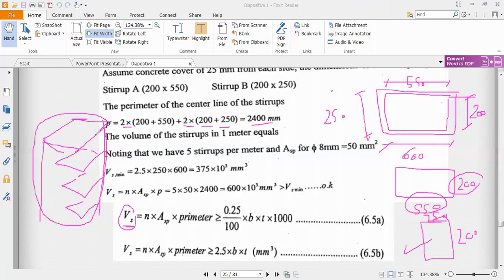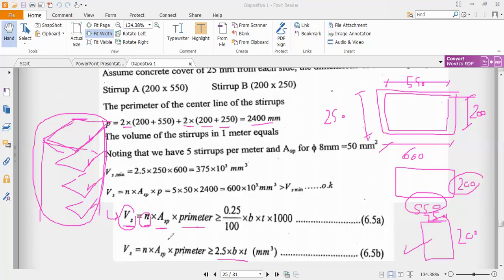Volume means parameters multiplied by A steel. You can get this plus this plus this, by multiplying n, steel area and parameters. This is the meaning of our concept. This volume should be bigger than 2.5.